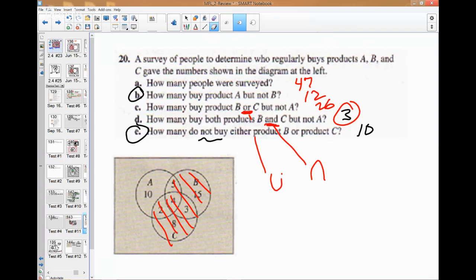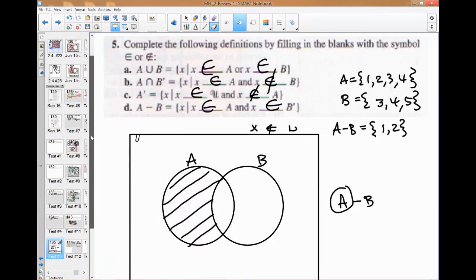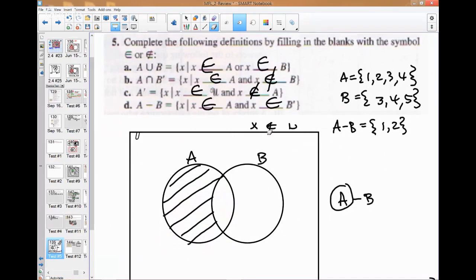Well, let's go back. Let's start on 5. Okay, here's number 5. Now, I'm going to try this live. If we want, I can erase that and we can do it over again. Maybe we better. Here, I'll erase. Hang on a second.